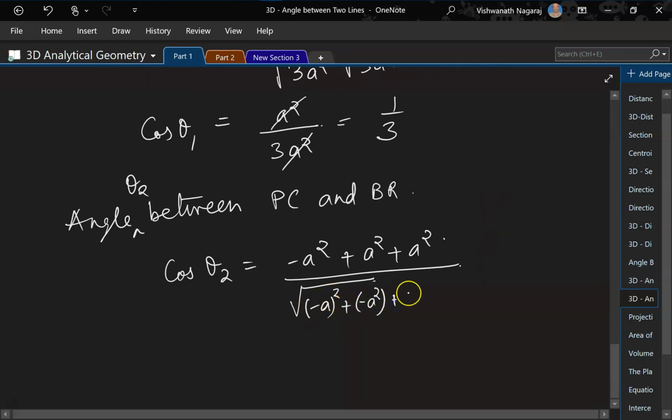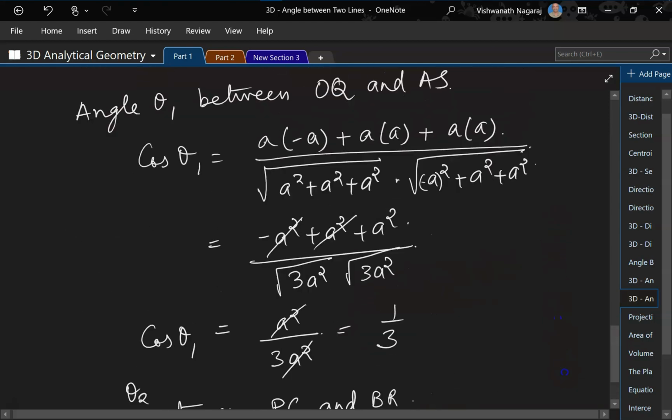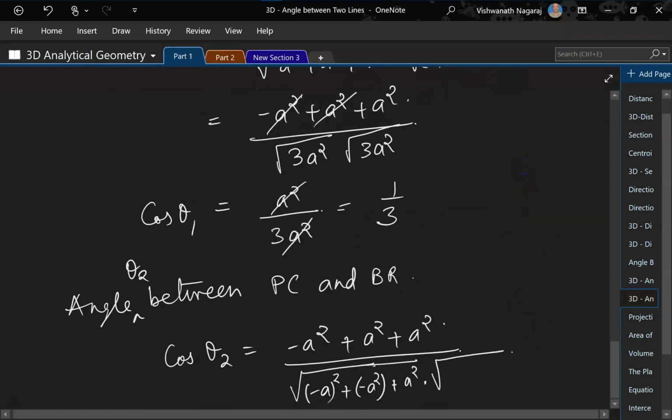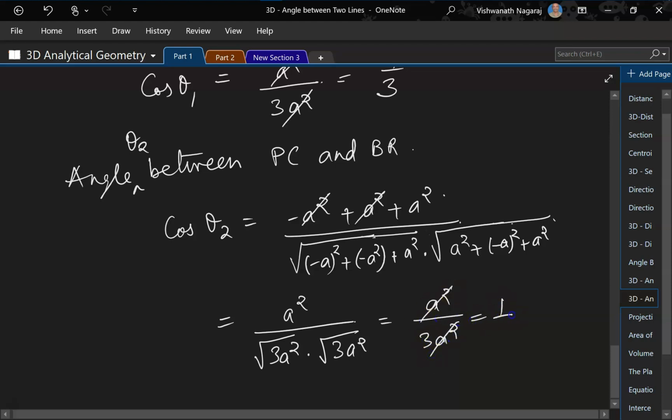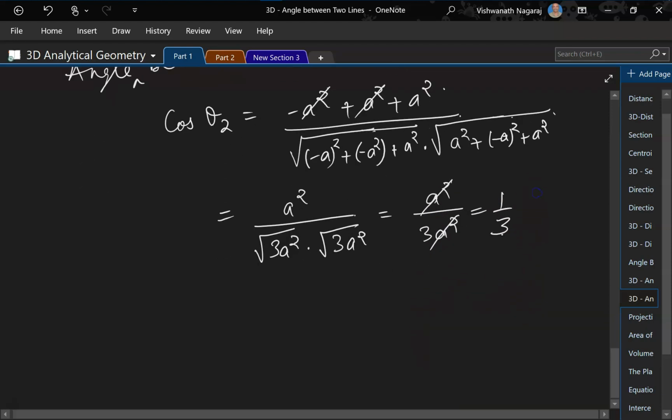But for completeness' sake, I'll just write it, times, and here you have A minus A. So A square plus minus A square plus A square. So this is equal to, these two get cancelled out, A square by 3A square times 3A square, which is equal to A square by 3A square, which is equal to 1 by 3, right?